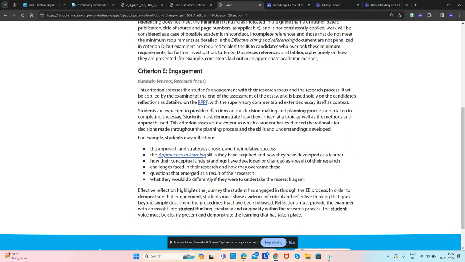Students are expected to provide reflection on the decision making and planning process undertaken in completing the essay. This engagement section was addressed in the last session in terms of writing evaluative reflection in the RPPF.